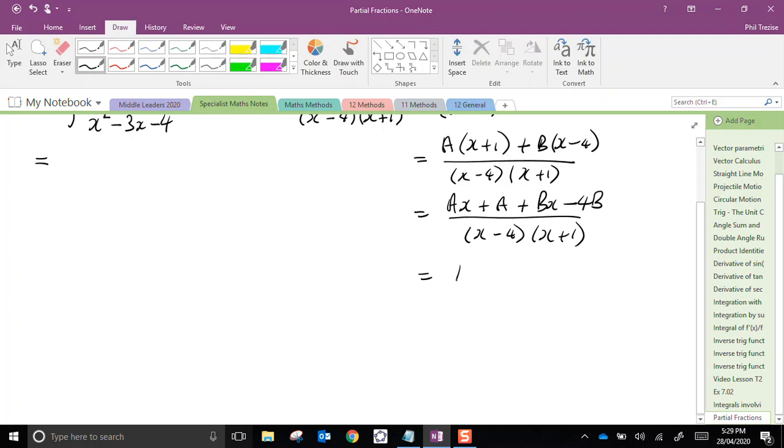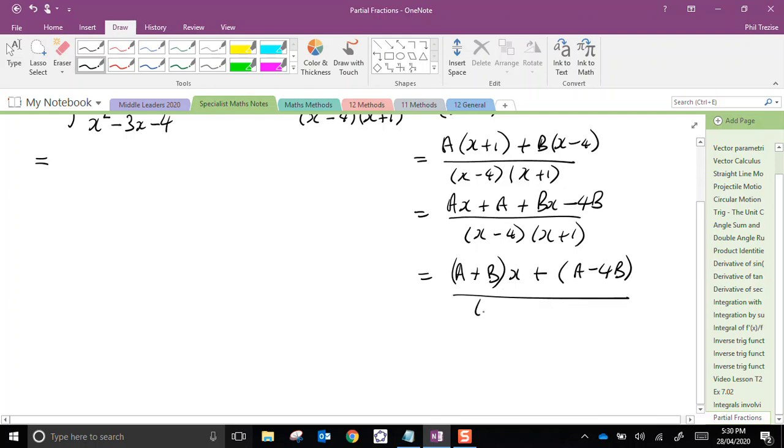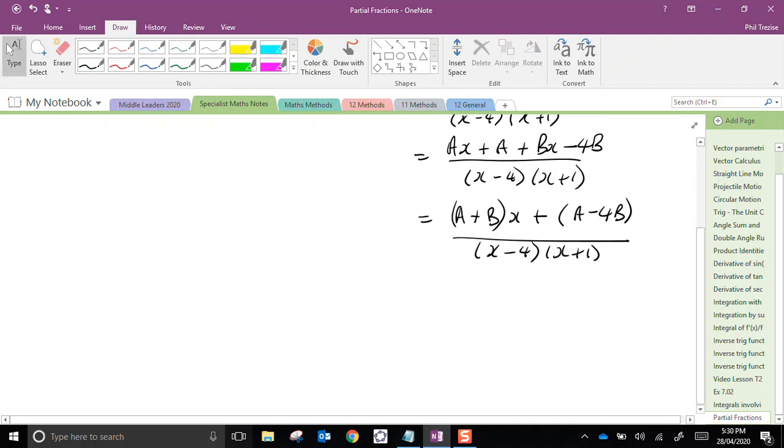And now grouping together, that would be a plus b times x, so ax plus bx is a and b added together. Now then we would have the constant a minus 4b together, still over this x minus 4, x plus 1. Now what was the left hand side? What did it start with? It was 5x take 10 over this denominator of x minus 4, x plus 1.